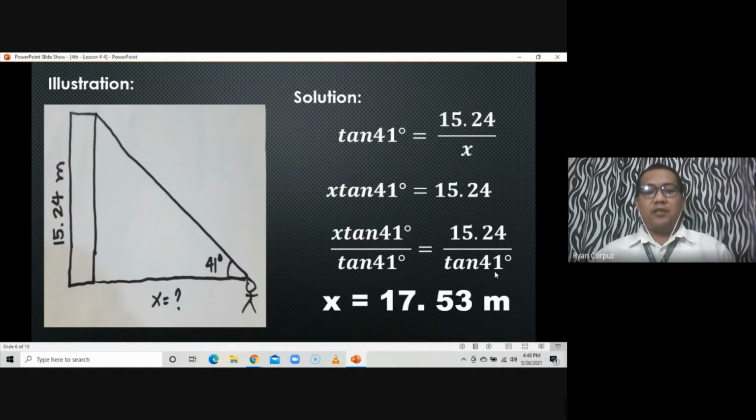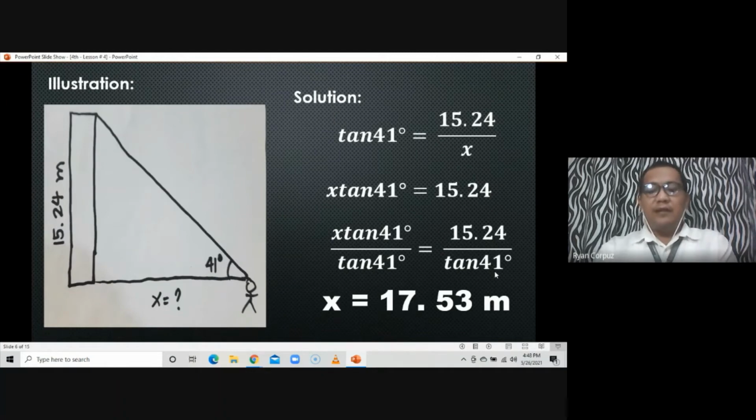Since there is a unit of measurement involved in the problem, which is meter, the final answer should be in meters also. So, the correct answer for problem number 1 is 17.53 meters. Did you get example number 1?